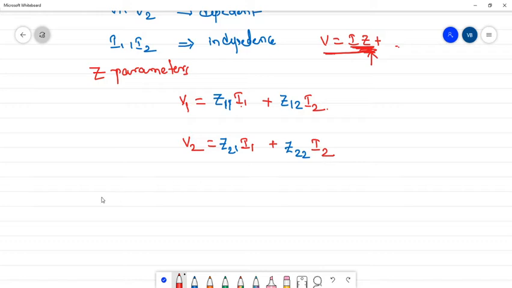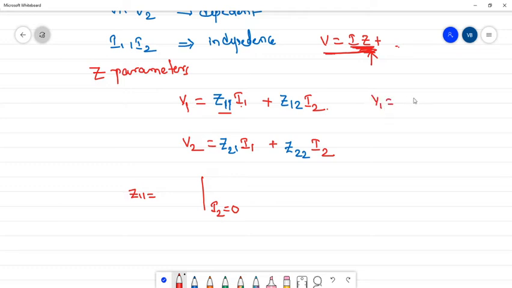So how are we going to get Z11? In order to get Z11, what we have to do, one parameter should equal 0. Which parameter do we need to make 0? That I2 should be 0. If you make I2 as 0, then what is the equation?